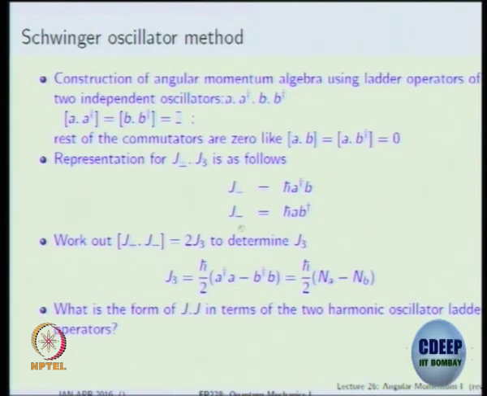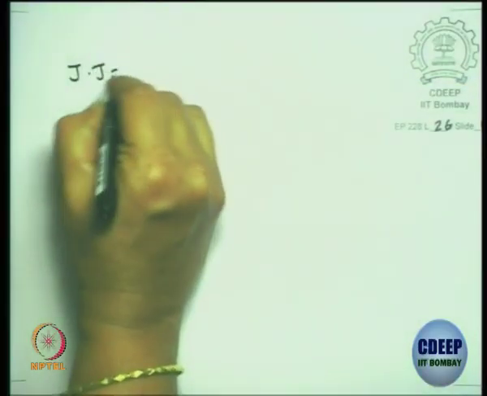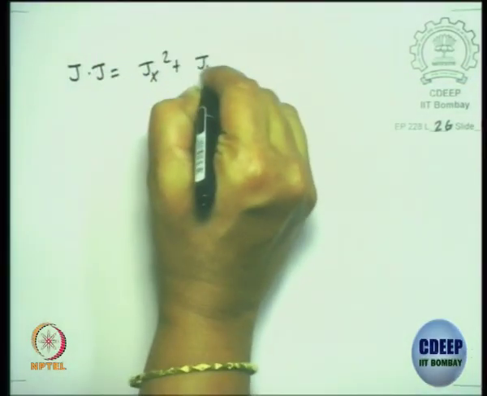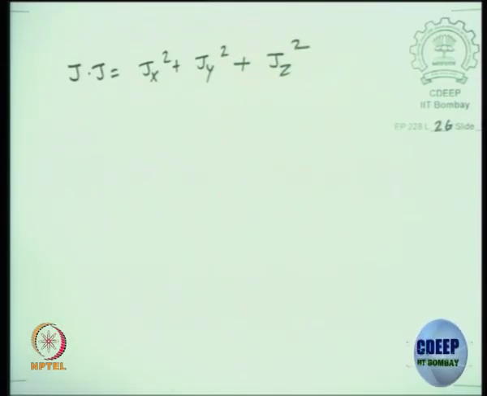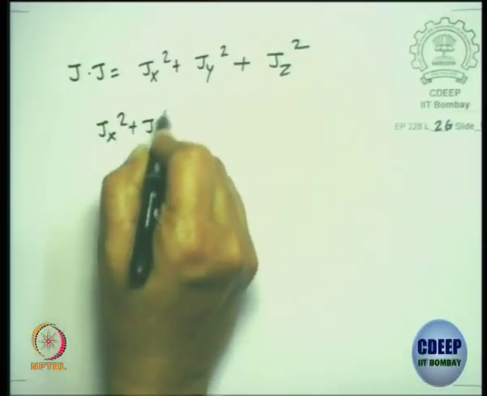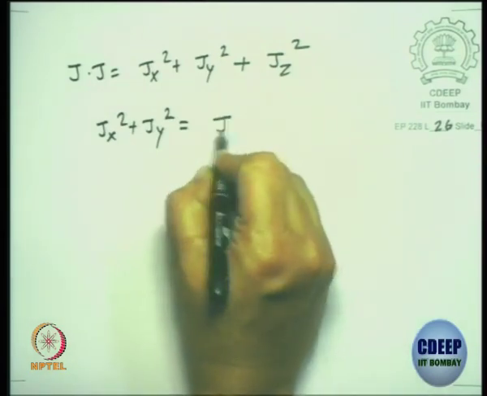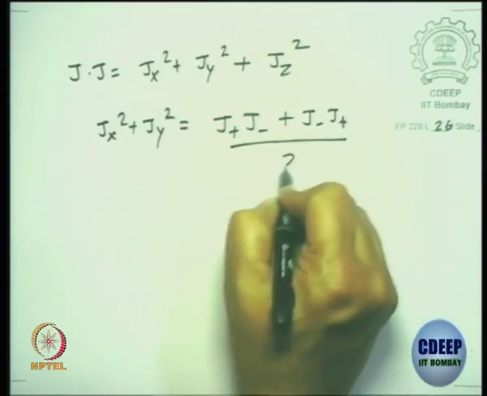Once I know J plus, J minus and J3, can I write J dot J in terms of J plus, J minus and J3? Someone? What will that be? Can I write this Jx squared plus Jy squared as J plus J minus? Is this correct?